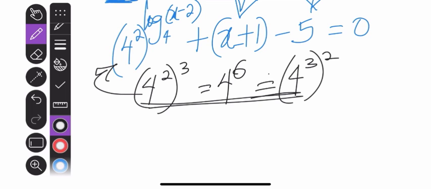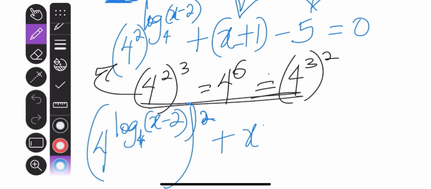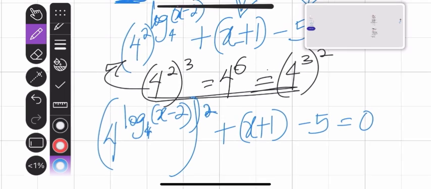So take notes. Now I can interchange this as 4 to the power of log of x minus 2 base 4, all to the power 2. It's still the same thing, just like saying 2 multiplied by that power, plus x plus 1, minus 5 equal 0.